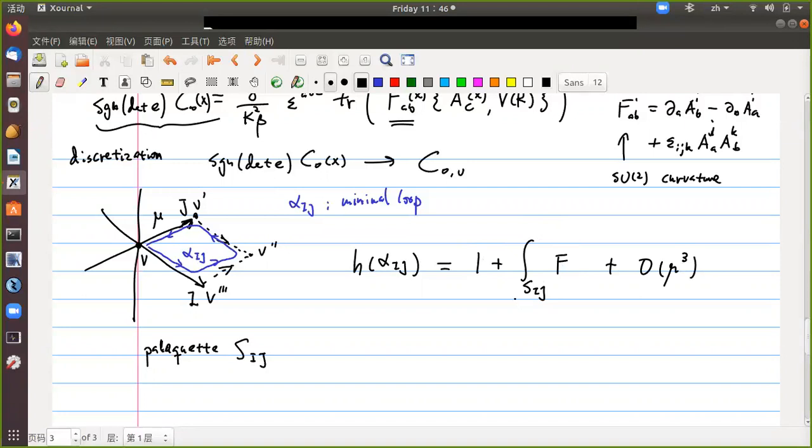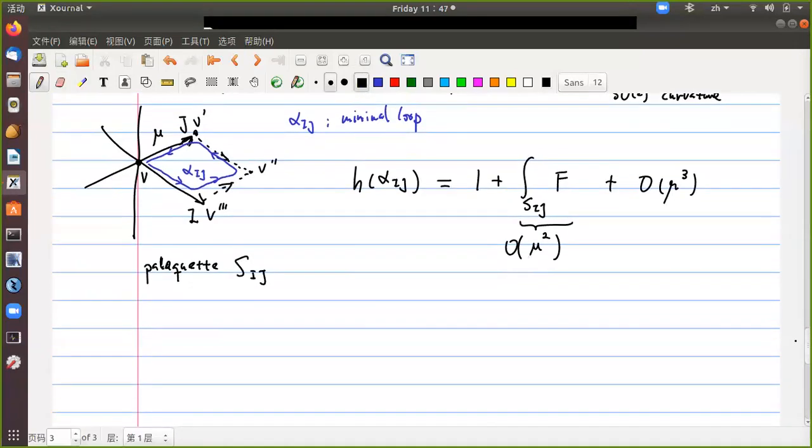So this is of order mu square, because this is a surface integral. A feature of a loop holonomy is that you don't have any term linear in mu. If you expand, the next to leading order is just mu square. This is a consequence of the so-called non-abelian Stokes theorem.